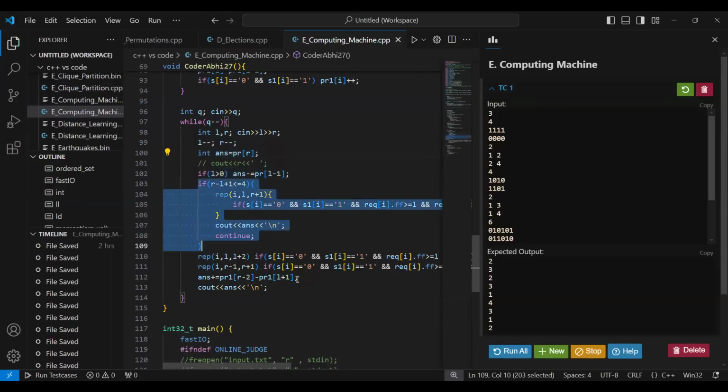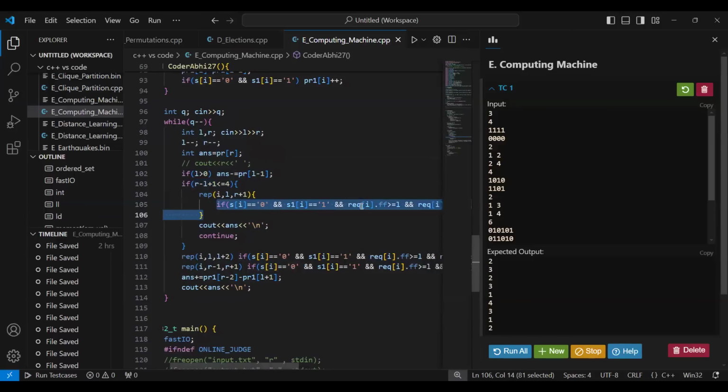Now, what extra can I obtain from operations? That we would see. So if the length of the range is less than 4, then in that case there would not be any middle elements, as I told. So we would check all of them.